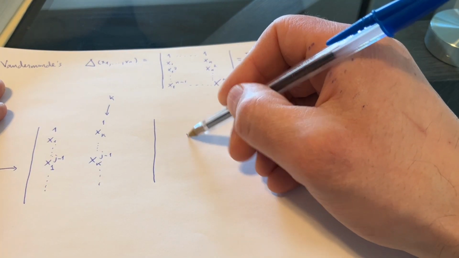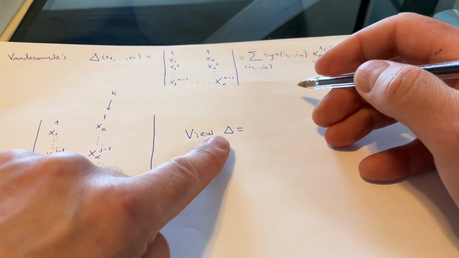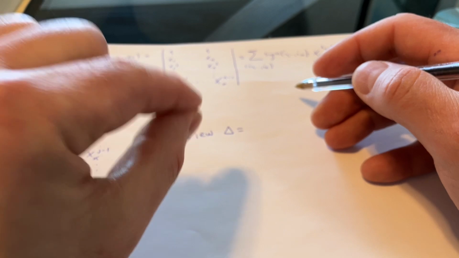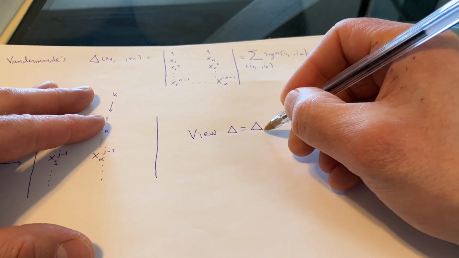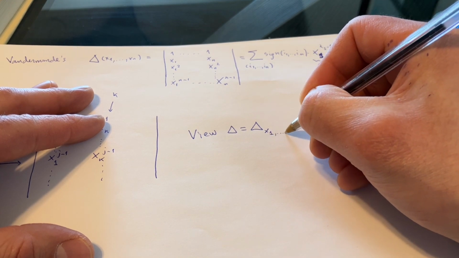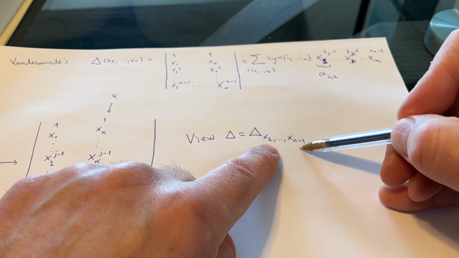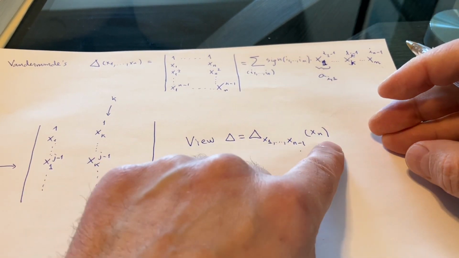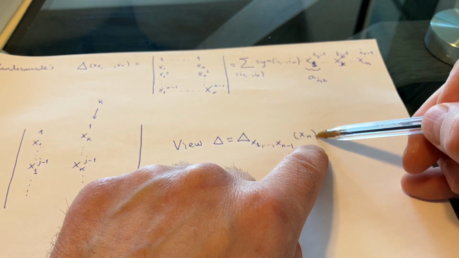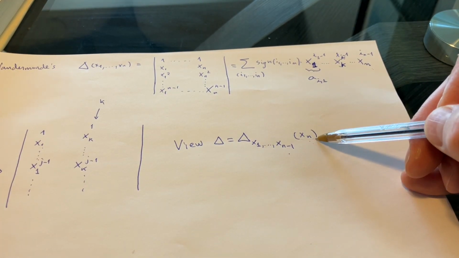So if we view delta as a function of only xn, the last coordinate, we're going to suppose that the coordinates x1 to xn minus 1 are fixed. So we're going to view the determinant as being a function only of the last variable xn.